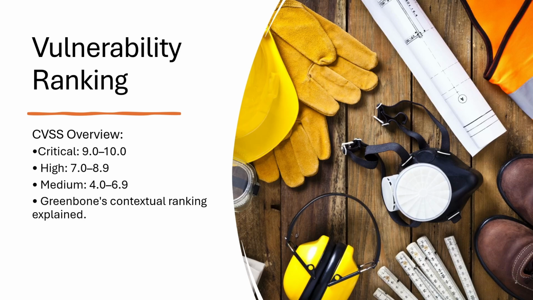Now, let's take a moment to talk about how vulnerabilities are ranked, because this helps us prioritize what to fix first. The Common Vulnerability Scoring System, or CVSS, rates issues on a scale of 0 to 10. Critical vulnerabilities, scoring 9 or above, are the drop everything and fix this now kind of issues.